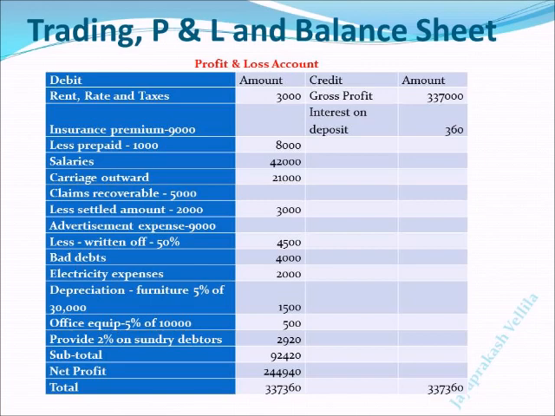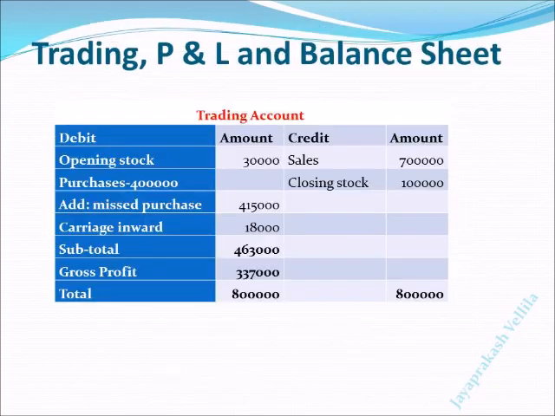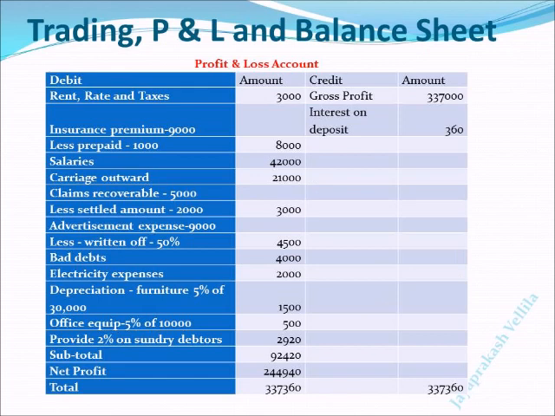So on the right side we write gross profit. We already know 3,37,000 as per our trading account. Then interest on deposit is 360. Adding, we get on the credit side 3,37,360.